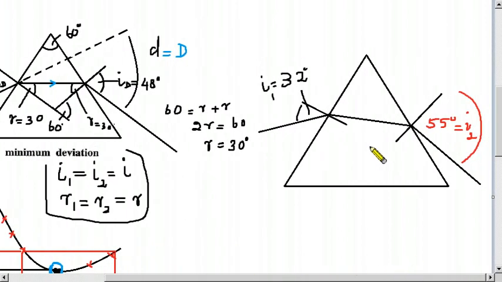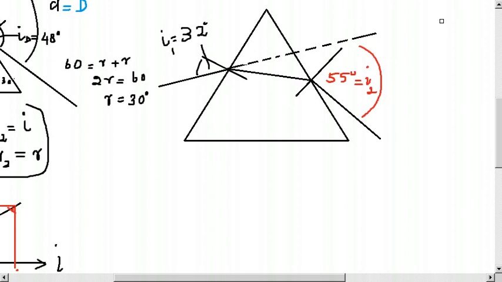If it is not minimum deviation, there are two values for I, and the deviation angle is this one. So this one is the angle of deviation.